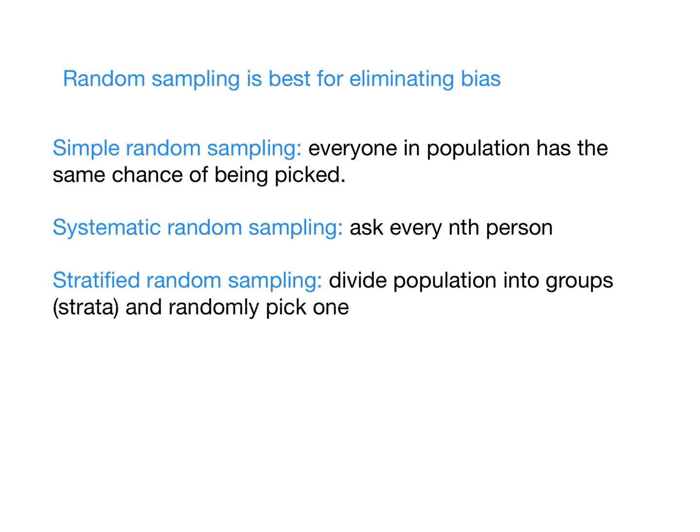Stratified random sampling is where you divide the population into groups and you randomly pick one. An example could be that you guys are divided into 4 different houses, and I randomly pick one of the houses and just ask the Year 9s in that house. That's a way I could do it. Now, these 3 methods don't automatically eliminate bias.